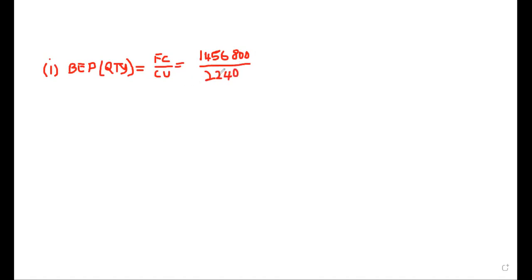Okay. So when we divide that into that, we should be able to get 650.86 units. Now, since they are units, we can round them off.